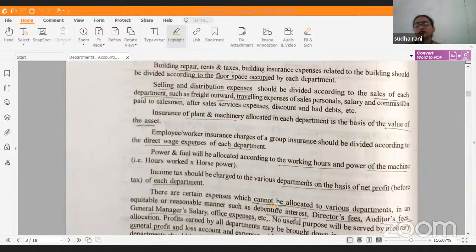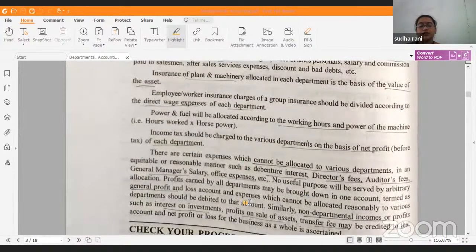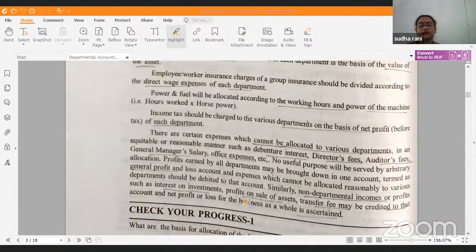Similarly auditor fee, debenture interest, dividends or office expenses are not to be allocated. They are to be taken commonly for the entire organization. So these are the points to be remembered.